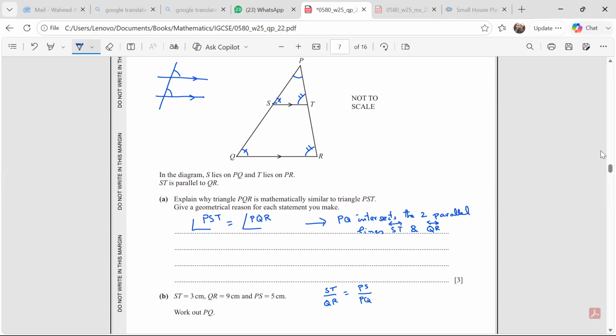Does it make sense? And let me write down the third one as well: ST and QR, PS and PQ, and PT and PR.